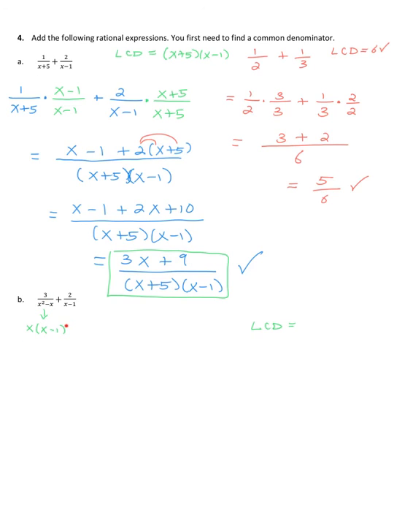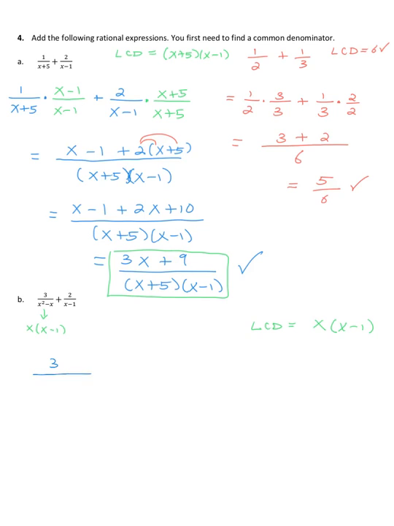I'm trying to find the least common denominator between this and this. And I see that my least common denominator must be x times x minus 1. The reason is, if I multiply this denominator by x, it'll be exactly the same as this denominator over here. So let's see what that looks like.